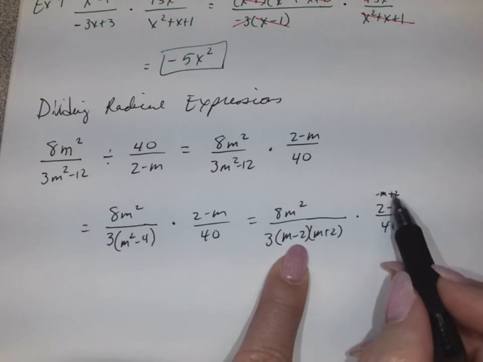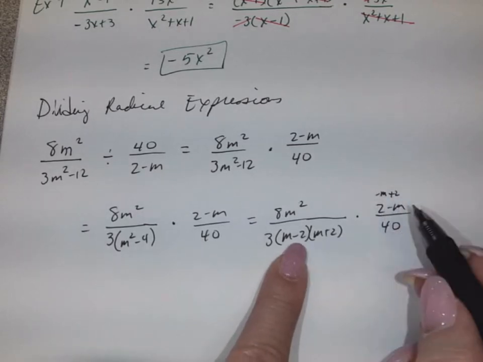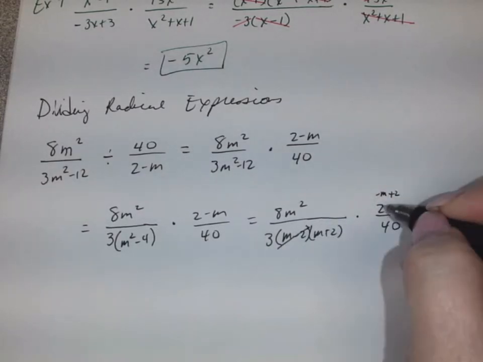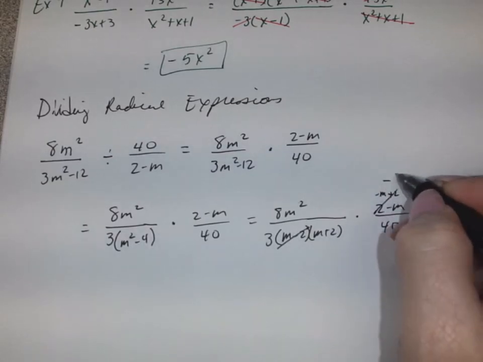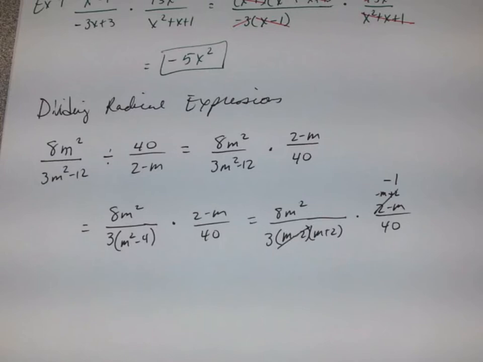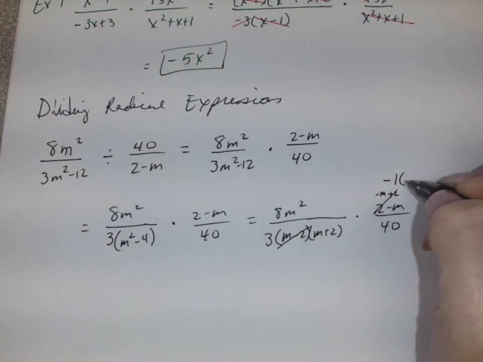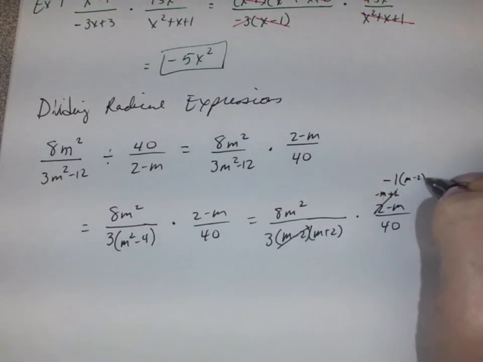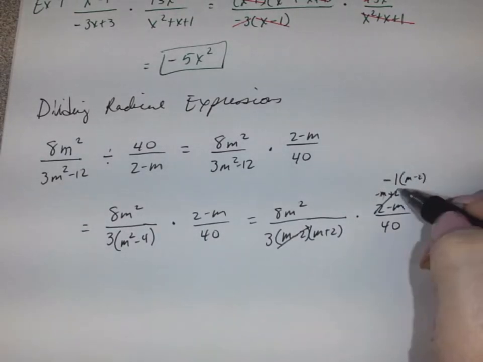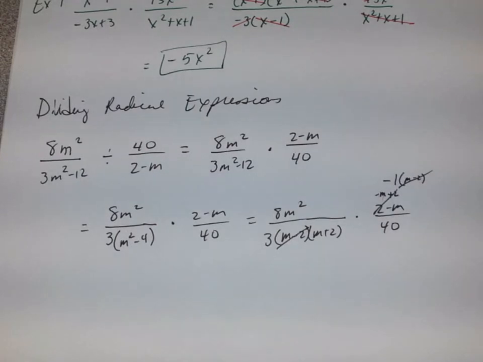They're basically the opposite signs. So this will reduce with that, but it will leave us with a negative 1 for that part. Or you could, if you wanted to, factor out the negative 1 like we did before. You can either recognize that, or you could look at this. If you factored out the negative 1, you get m minus 2. Whichever makes it easier for you, you're still going to end up with a negative 1.